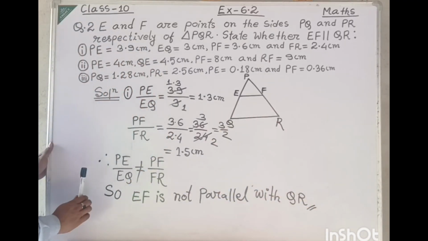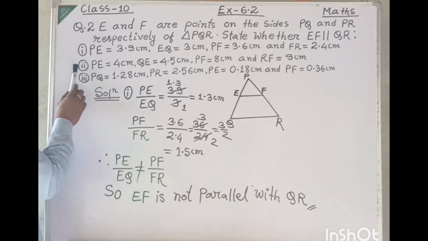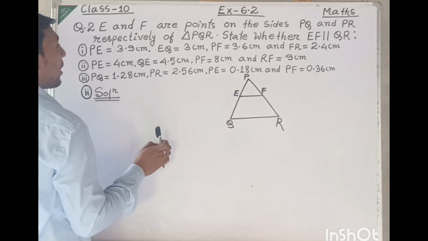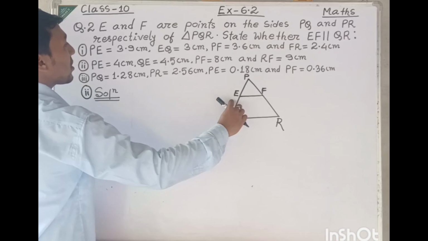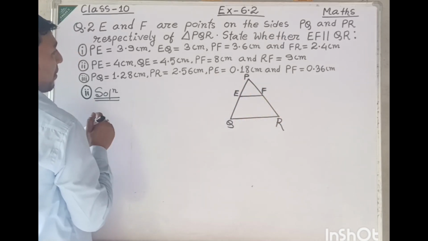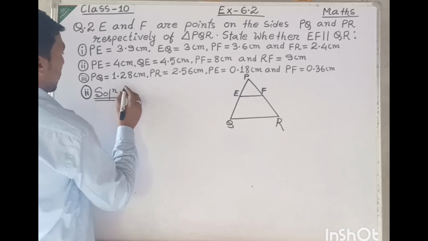The ratios are not equal, so this line is not parallel. This is the converse of Thales theorem. Now we'll do question number 2. To solve this question also, I'll do exactly like the first one. I'll just compare the ratio of these sides with these sides. If I get the same value, then parallel, otherwise not.